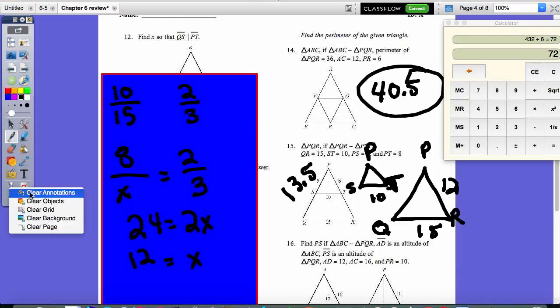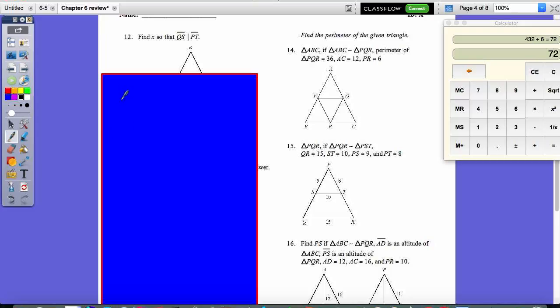Then I realized in 5th period, I did not have to do that much work. If the ratio of sides was 2 to 3, remember, the ratio of the perimeters is the same relationship as the ratio of the corresponding sides. So if I want the perimeter of the larger figure, it's much easier to say 10 plus 9 plus 8 is 27.